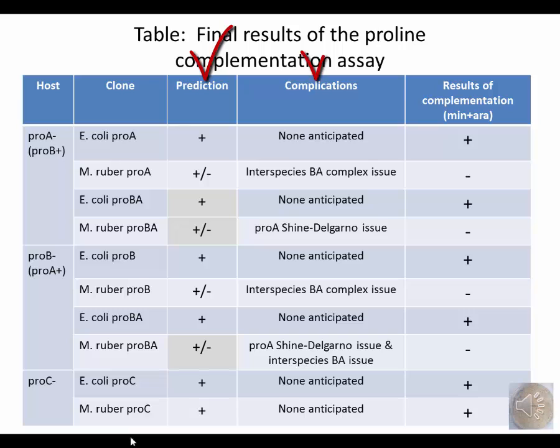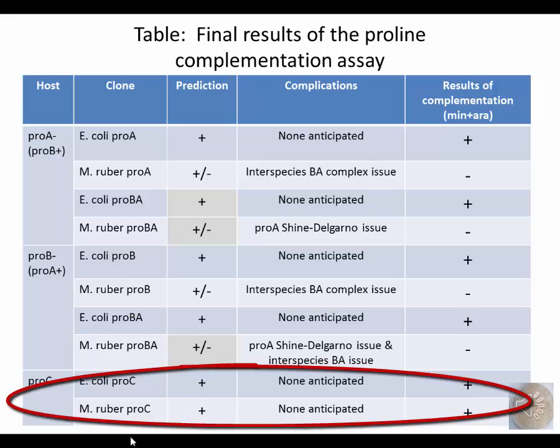And then columns 3 and 4 describe my predictions and an explanation for either a positive or negative complementation assay. And you'll notice that complications might be this whole interspecies BA complex issue, or this issue of the Pro-A in M-Ruber not having a Shine-Dalgarno sequence. So those are the complications.